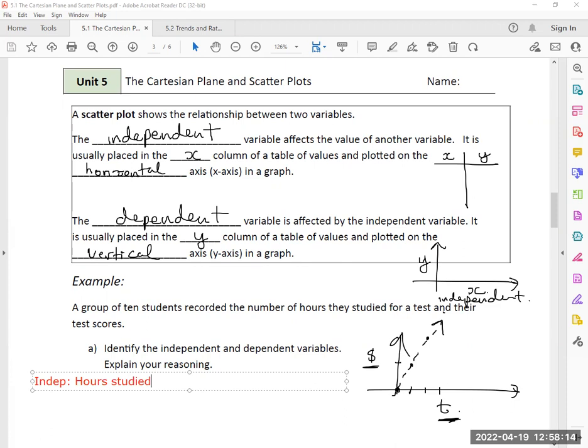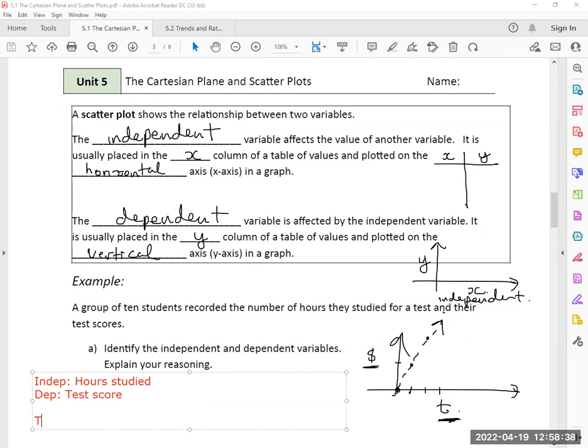Right. And that sort of makes sense from a logic perspective too, because you study before the test happens. You don't get the test and get a mark and then study afterwards, right? The dependent variable will depend on how much you study.